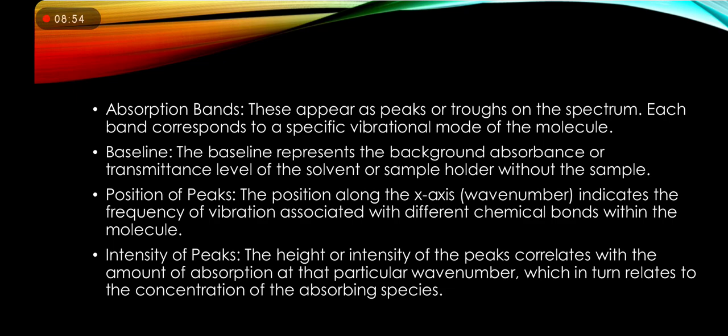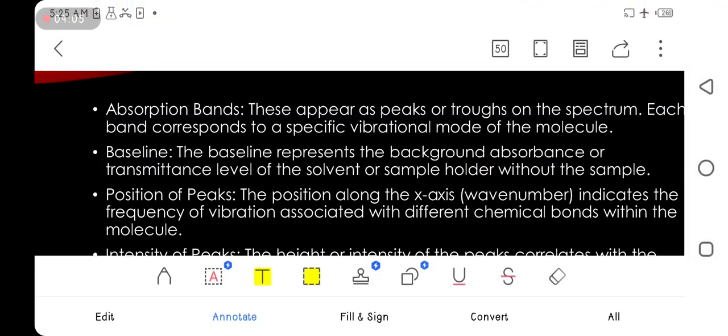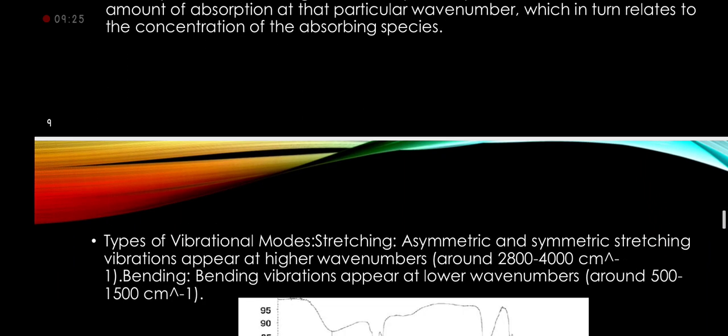Position of peak: the position along the x-axis indicates the frequency of vibration associated with different chemical bonds within the molecule. Intensity of peak: a higher intensity correlates with the amount of absorbance at that particular wave number, which in turn relates to the concentration of the absorbing species.